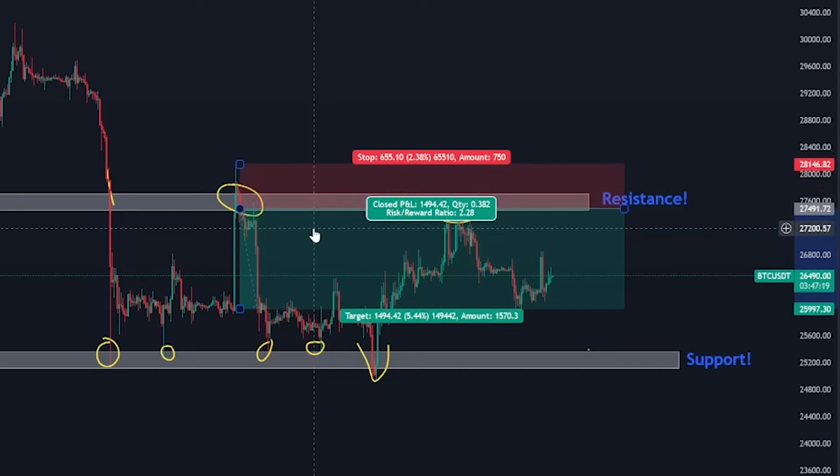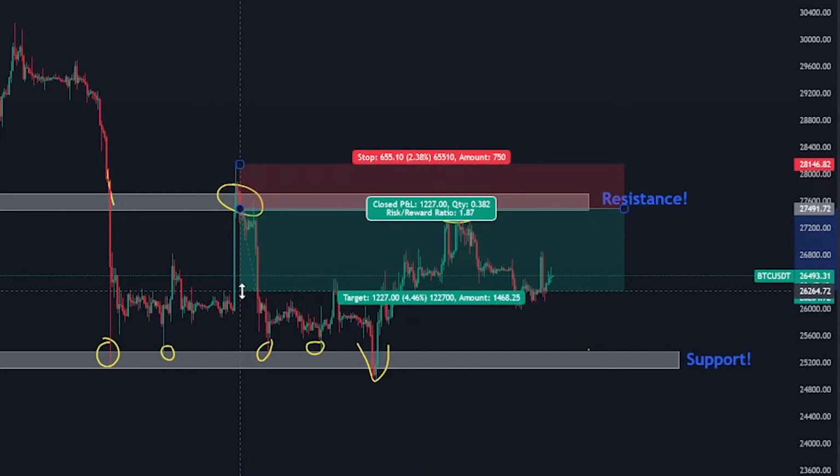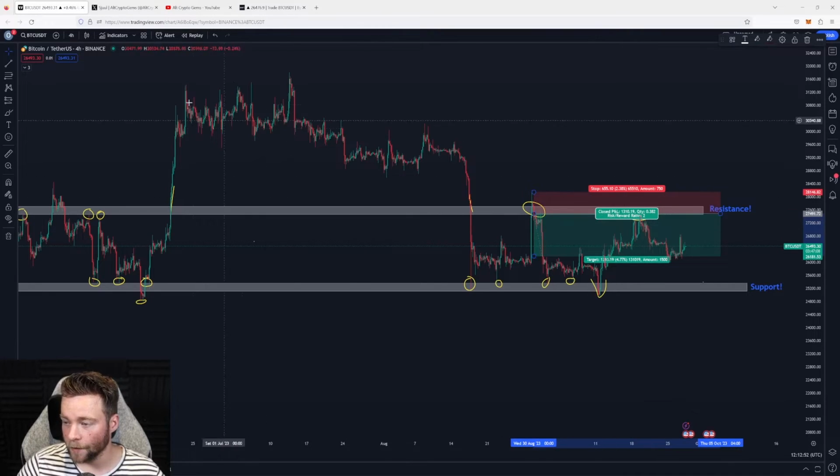Then what you want to do is have a risk to reward ratio of at least 2, like I said. So that in this case would have been around this area. So for this example, we would have opened a trade around here, which was 27.4. We had our stop loss around 28.157, and the take profit would be at around 26.181. That's example number 1.